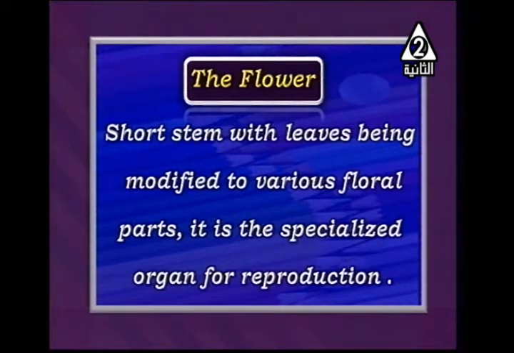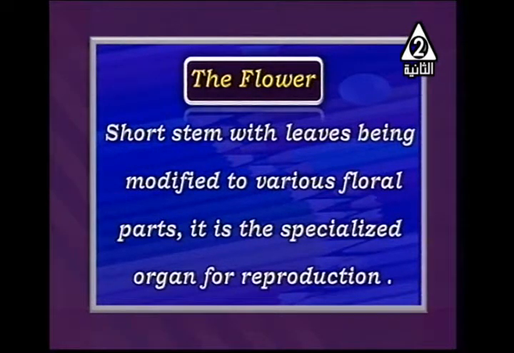Get the difference? Like here, we have a part of the stem which is compressed together, and the leaves on this stem change or are modified to form the flower. So the origin of the flower begins as a short stem.